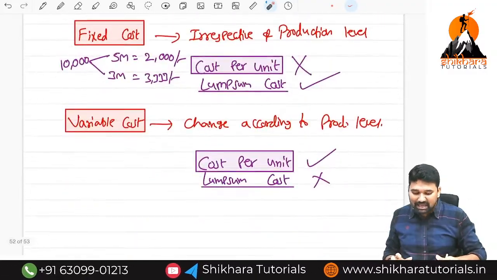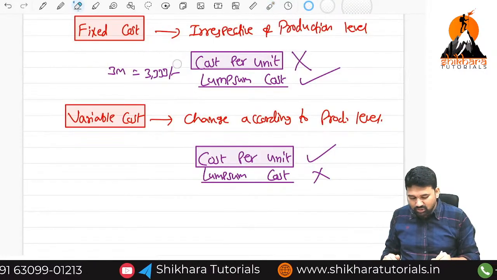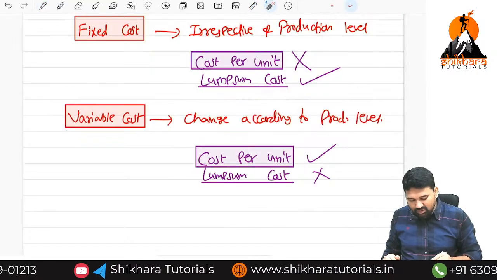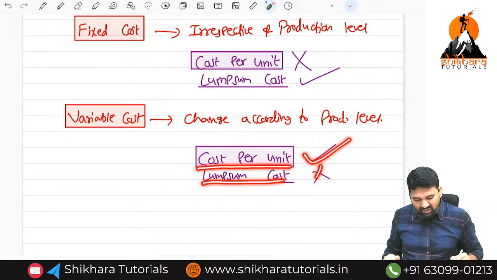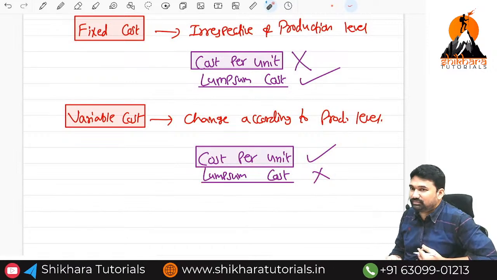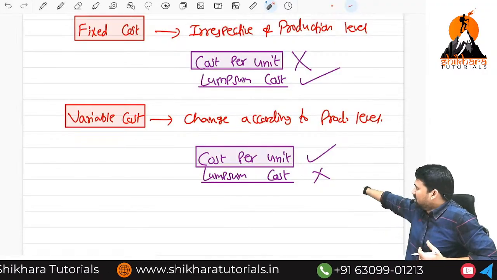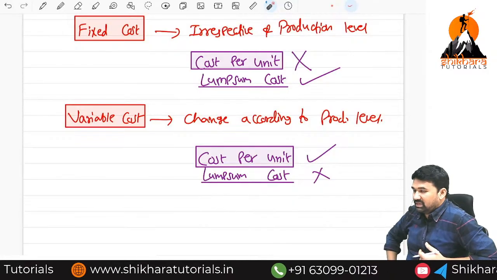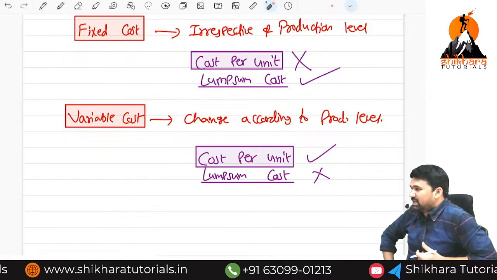Whereas the scenario is quite opposite in case of variable cost. So what will happen in case of variable cost? In case of variable cost, cost per unit is fixed. Lump sum cost is not fixed. Now listen carefully. In both the cases, right symbol is applicable in what scenarios?